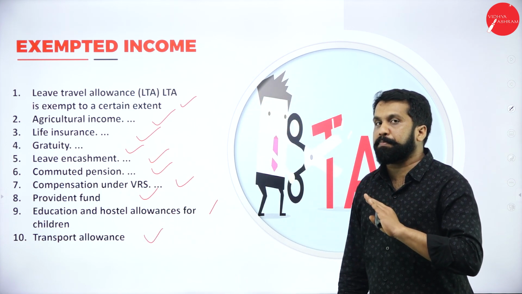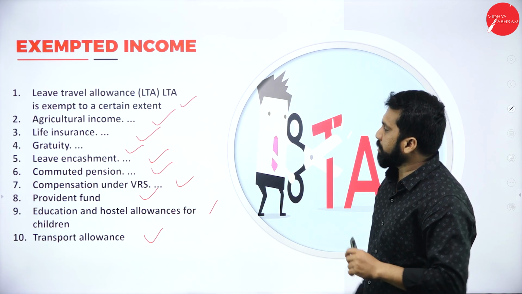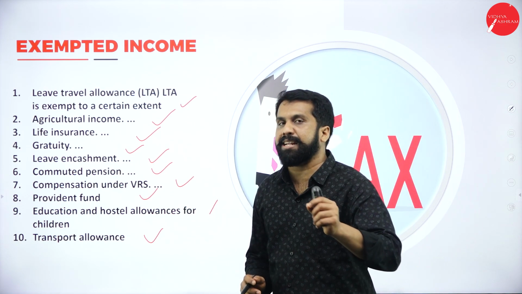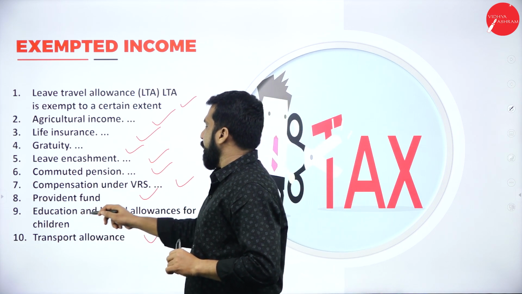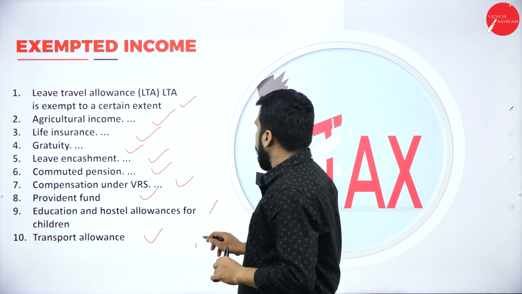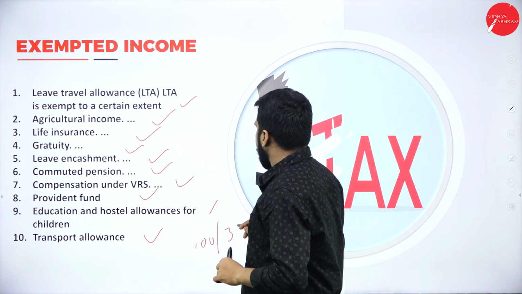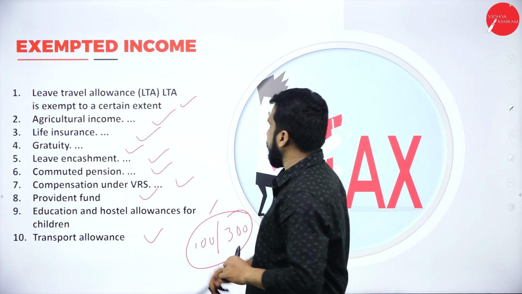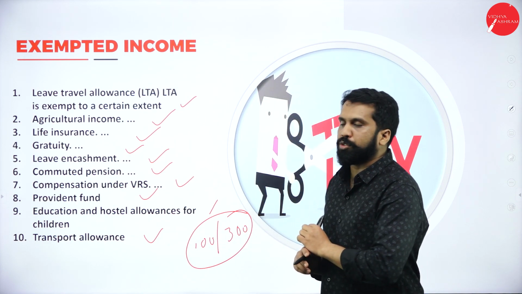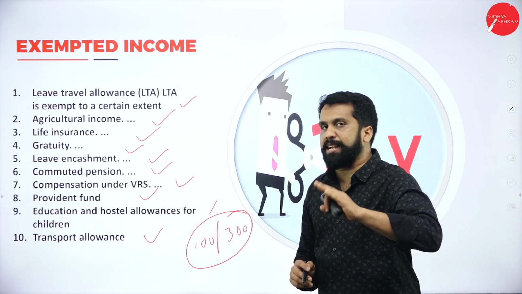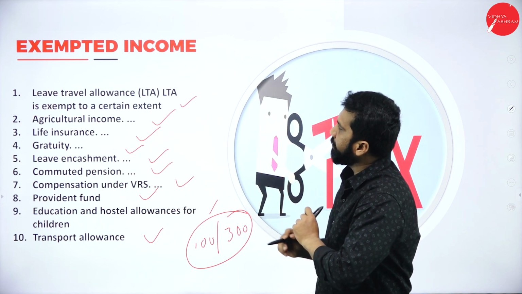This is not 100% exempted, remember. We have some rules and regulations to follow. For example, for education and hostel, we have 100 rupees per child for education and 300 rupees per child for hostel. These are the exemptions we have. Don't go in depth, just remember these 10 points.